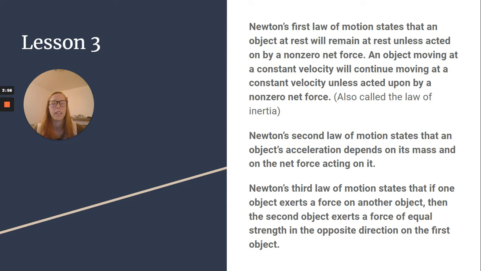His second law states that an object's acceleration depends on its mass and on the net force acting on it. The third law states that if one object exerts a force on another object, then the second object exerts a force of equal strength in the opposite direction on the first object. A lot of words, but not too hard of concepts.